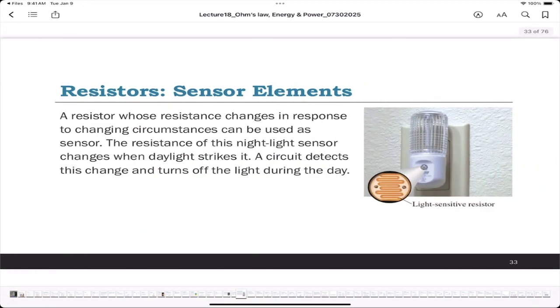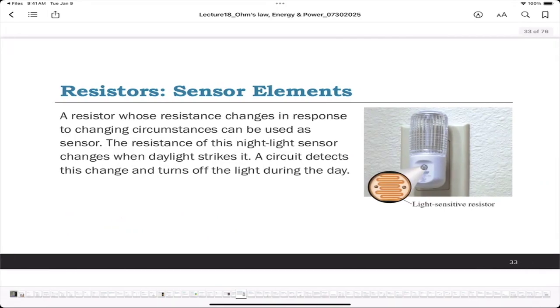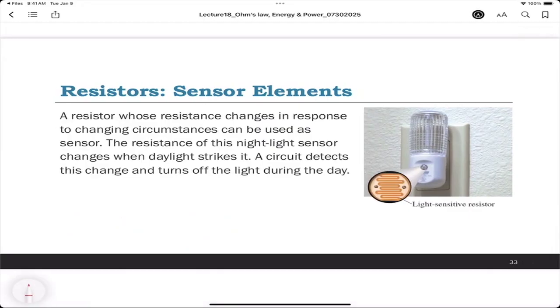A resistor also can be used as a sensor element. A resistor whose resistance changes in response to changing circumstances can be used as a sensor. You can see here there is a light sensitive resistor.